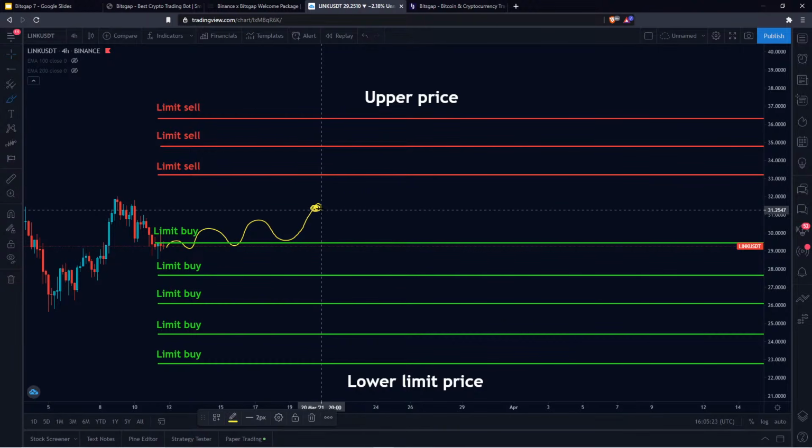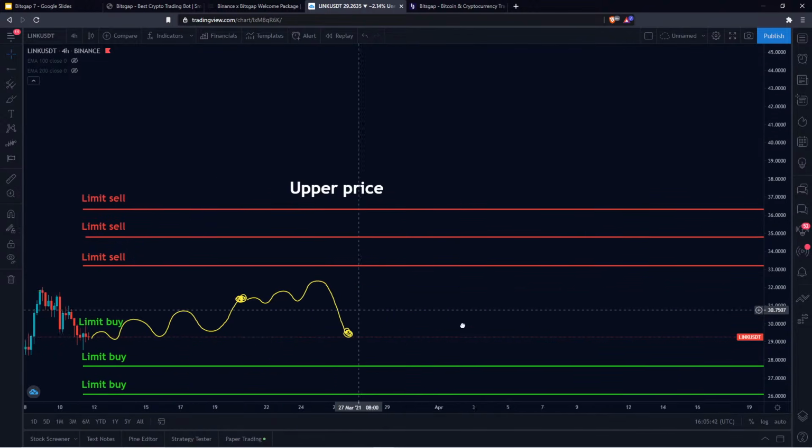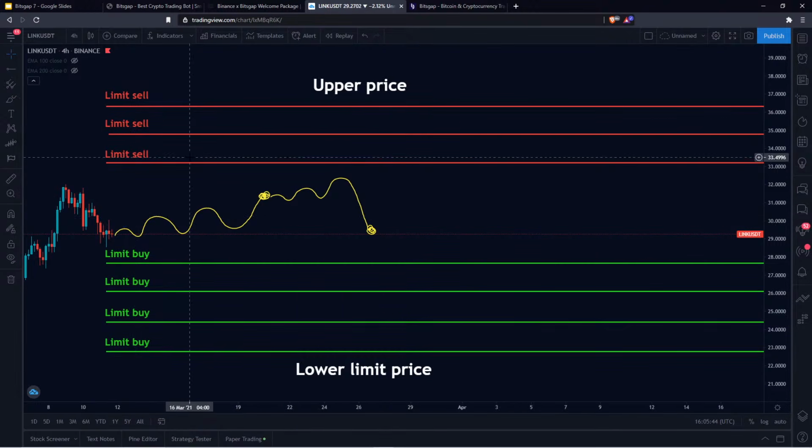Okay, so what's going to happen? Let's assume that the price swings again and now it falls a bit. So this newly placed limit buy order is going to be executed by the bot. The bot is going to use the quote currency, in this case the USDT, to buy the base currency, which is Link. Okay, so it buys Link, and guess what happens next?